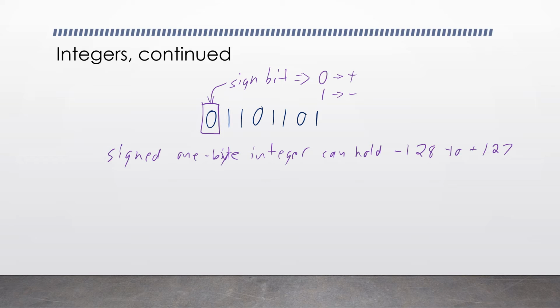Now, that seems like a pretty limited range. How often do you need to use numbers, especially in engineering calculations, that might go higher than 127 or lower than negative 128?